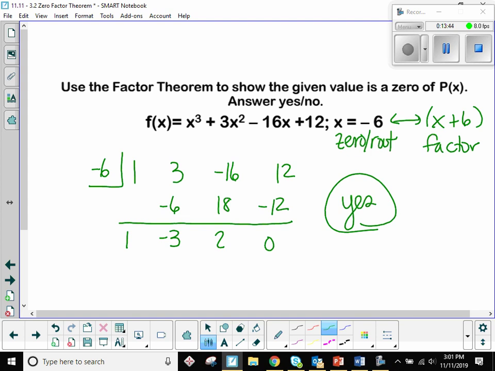Who got yes for the first one? Excellent. Here's the math if you did not and you just want to check yourself real fast. And then I'll give you a minute to finish the next one with the fractions, because I'm confident you're trying to work with the fraction.